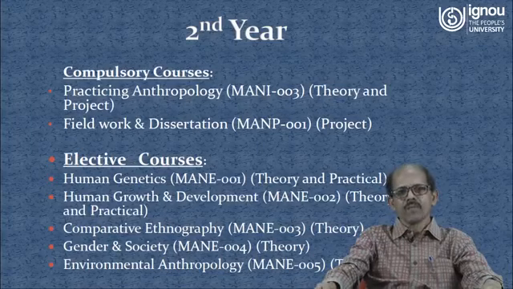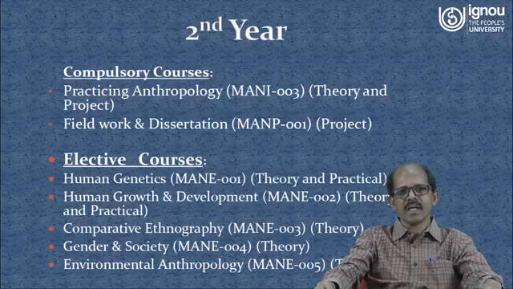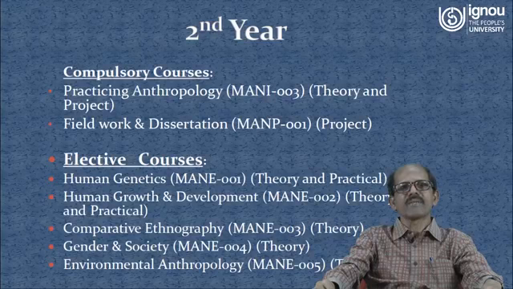At present, we are offering 5 elective courses. The learner has to select 2 courses among the 5. The courses are human genetics, human growth and development, comparative ethnography, gender and society, and environmental anthropology.